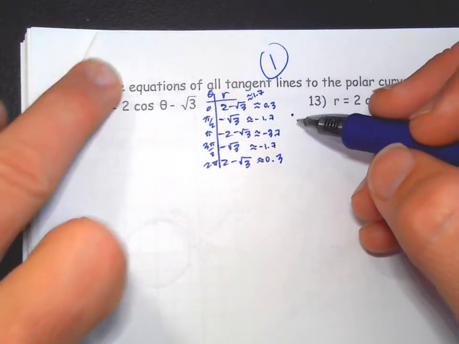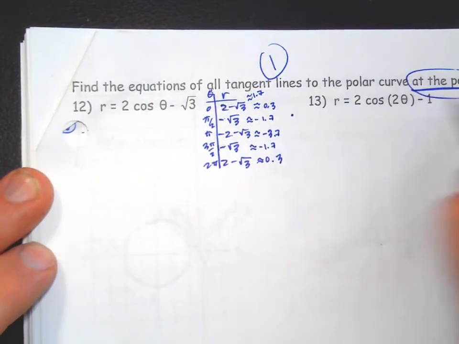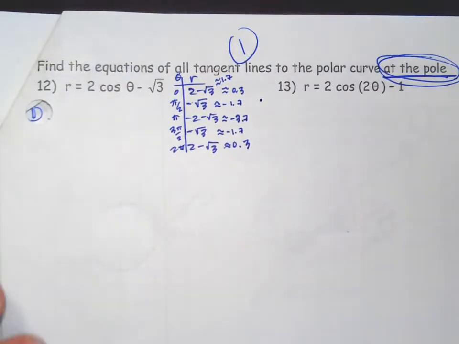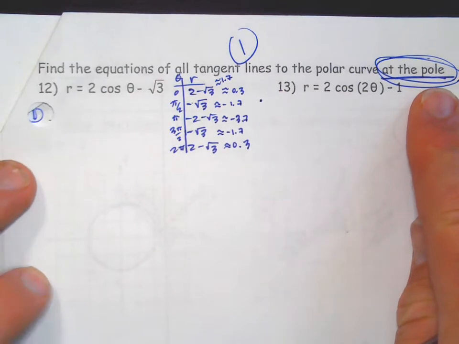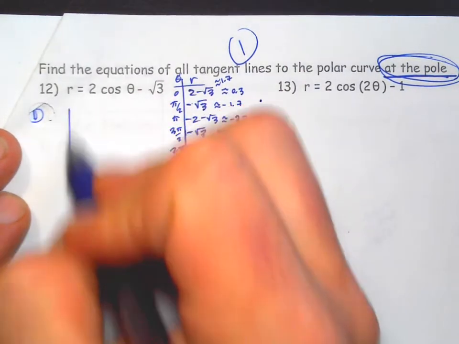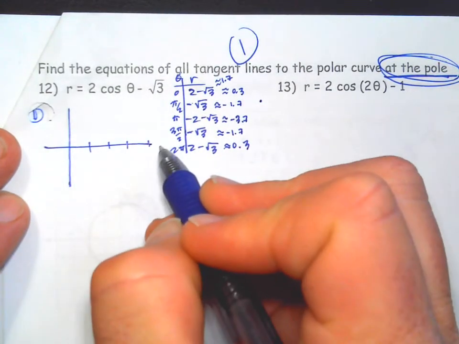So it says at the pole, by the way. So we're looking at the pole. There might be multiple tangent lines at the pole, but we're going to be able to use a shortcut for dy/dx here. So let's just try and sketch this.